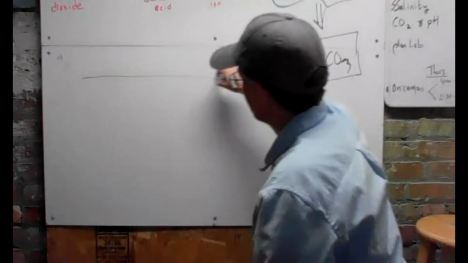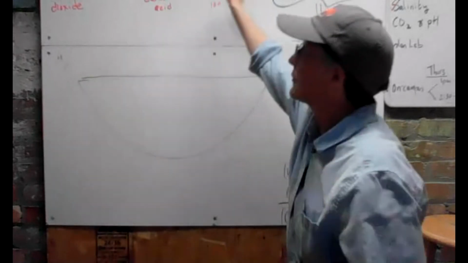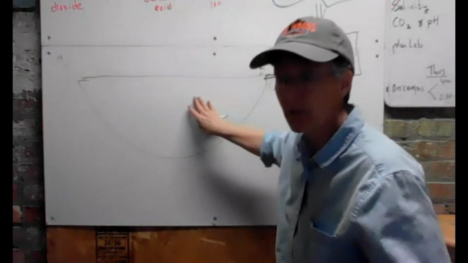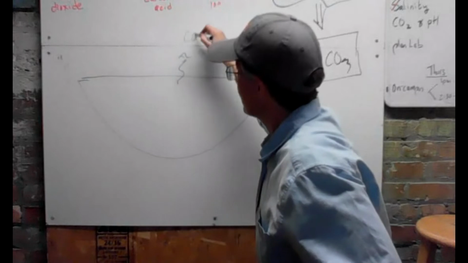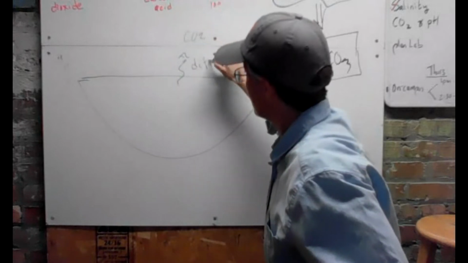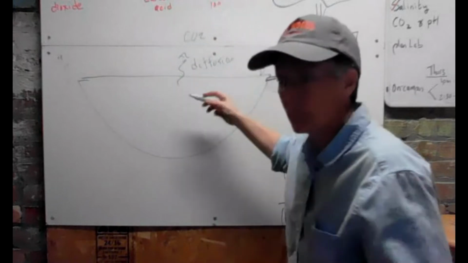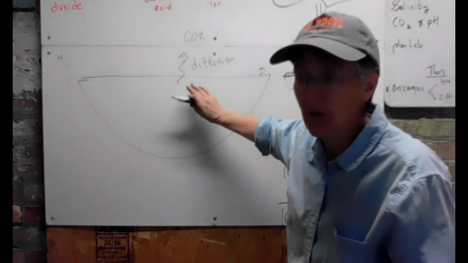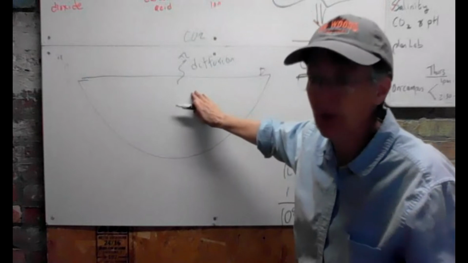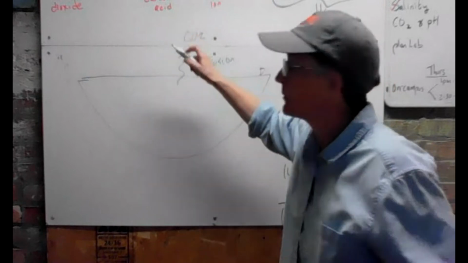Here's my lake. Obviously, these three things are all happening in the water. You can have diffusion of CO2 out. If there's a lot of decomposition going on, CO2, if it's greater than the solubility maximum, can diffuse out.